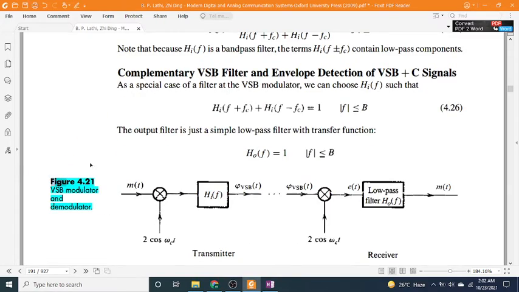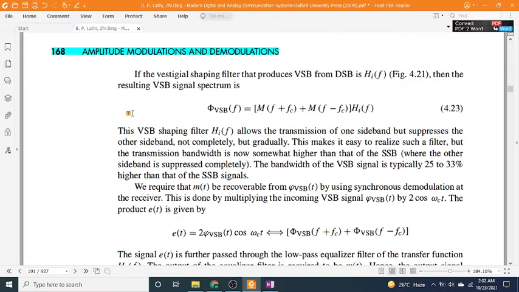If the vestigial shaping filter that produces VSB from DSB is H(f), Fig. 4.21, then the resulting VSB signal spectrum is Φ_VSB(f) = [M(f + fc) + M(f − fc)]H(f), Eq. 4.23.